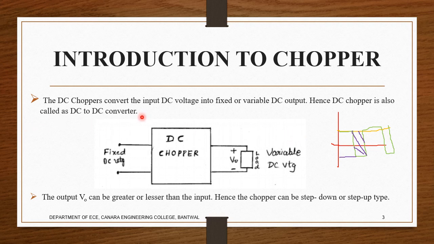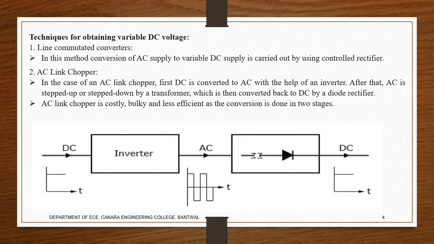If the fixed voltage is 5 here and I make the variable DC voltage 6, then it is a step up chopper. So on the basis of this output voltage V0, we can say whether that DC chopper circuit is a step down or a step up.